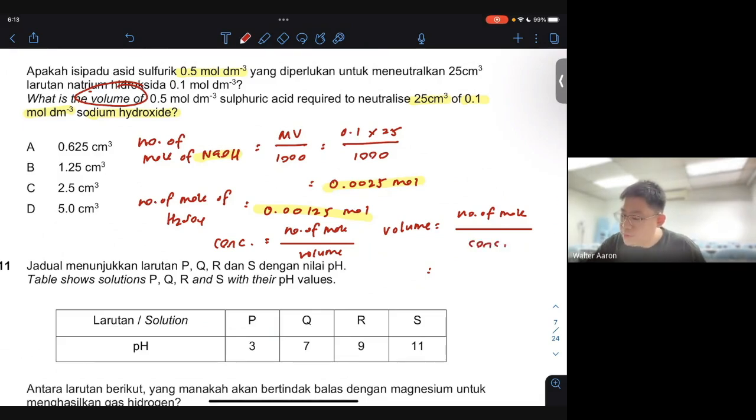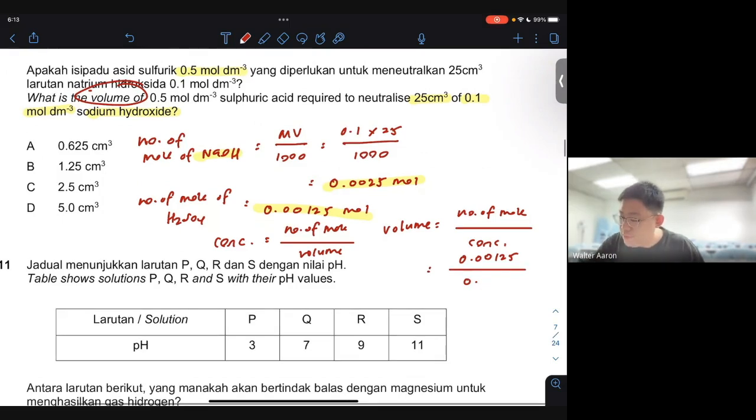So number of mole will be 0.00125 divided by the concentration of the acid, which is technically 0.5 mole per dm cube.